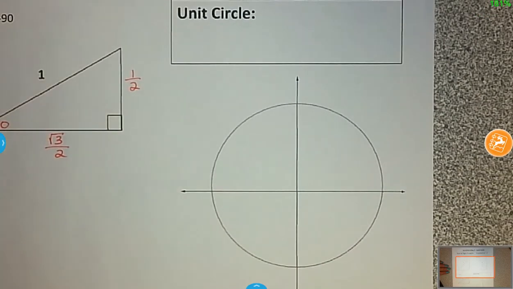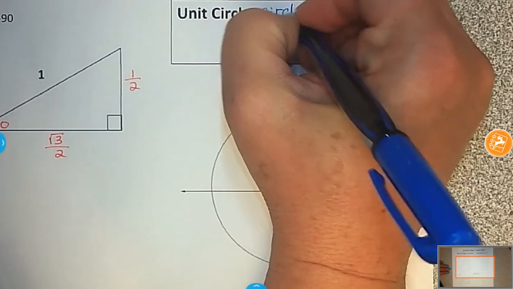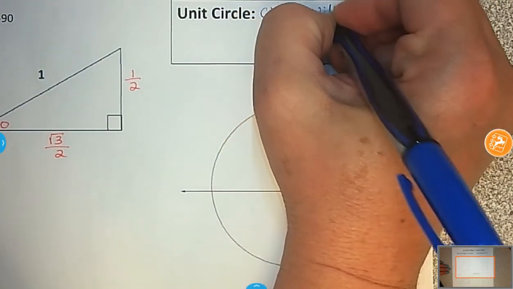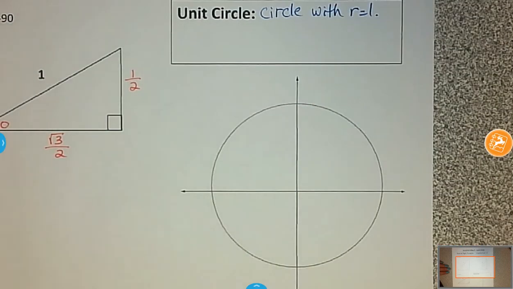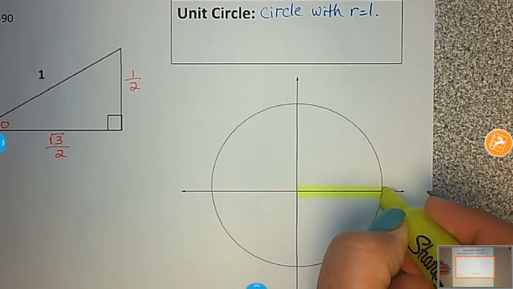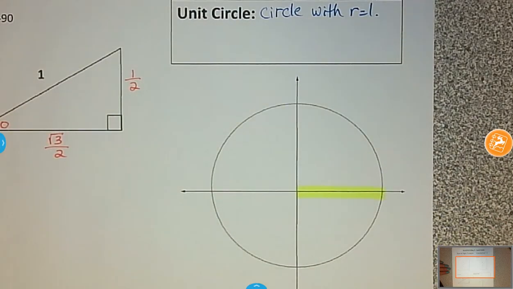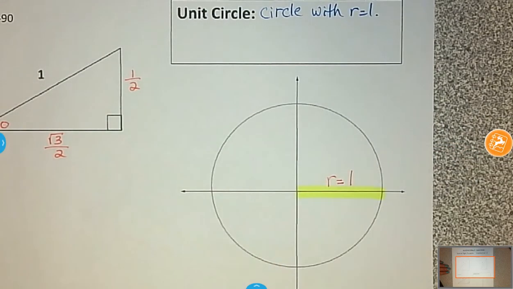A unit circle is a circle with radius equal to 1. You'll see I've got my circle drawn down here at the bottom. It's on a coordinate plane, on an XY axis. This is a radius, and that radius is equal to 1.